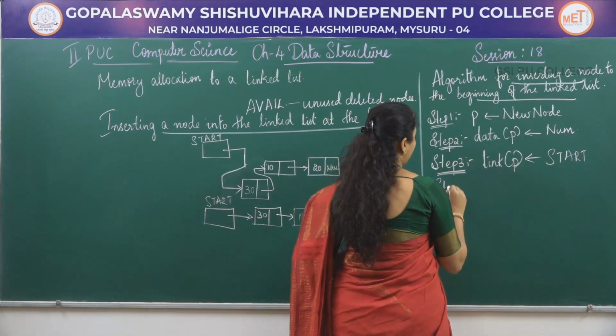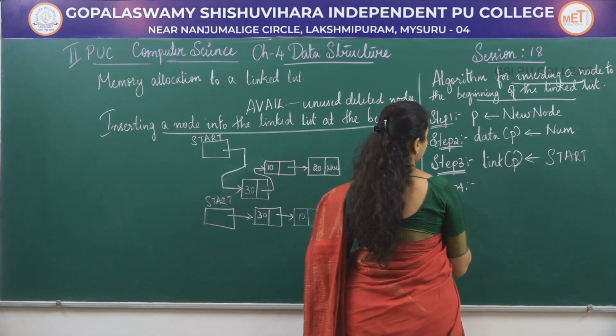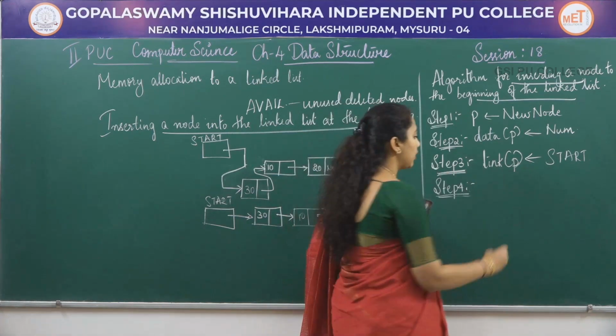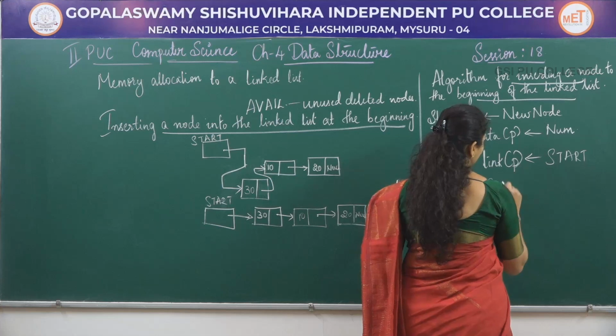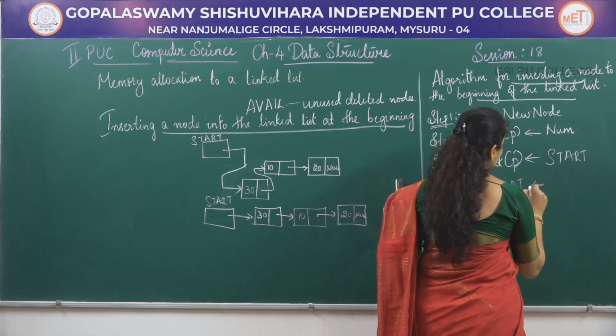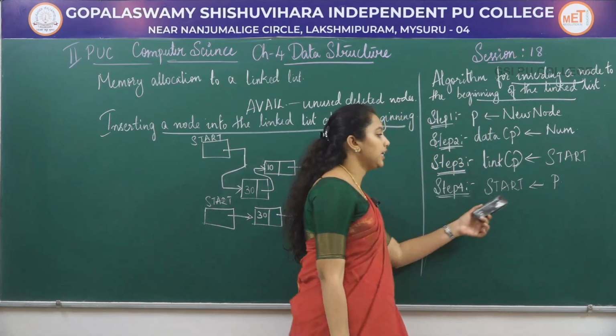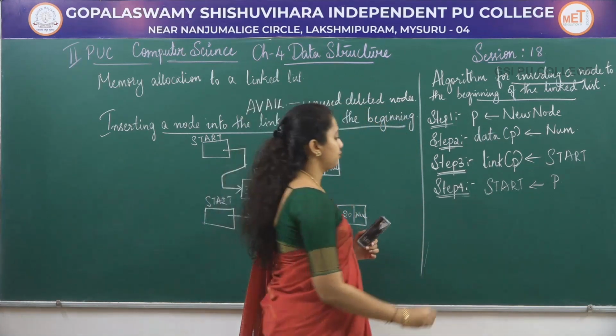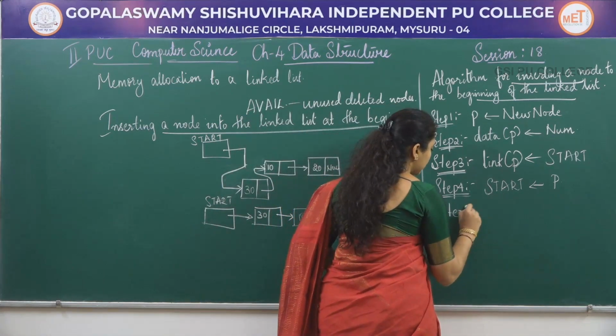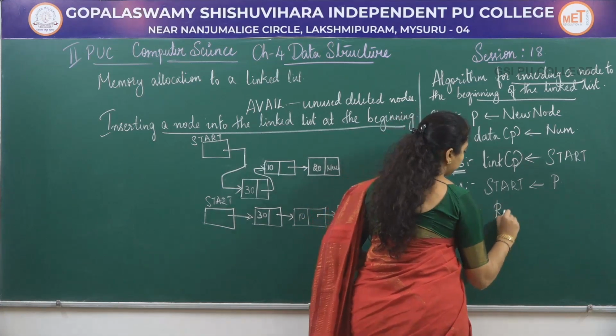In step 4, the start pointer contains the address of the first node, that is P. Step 5, return.